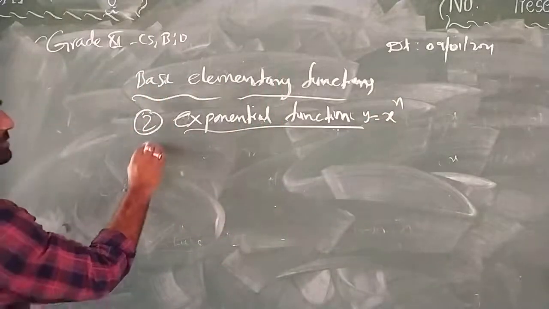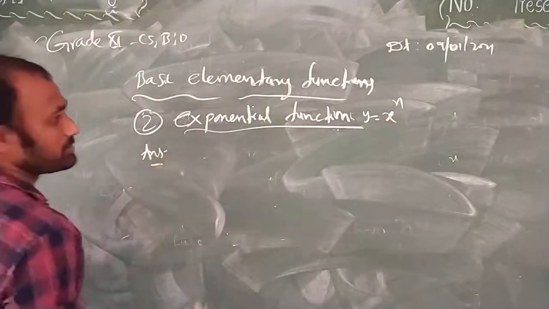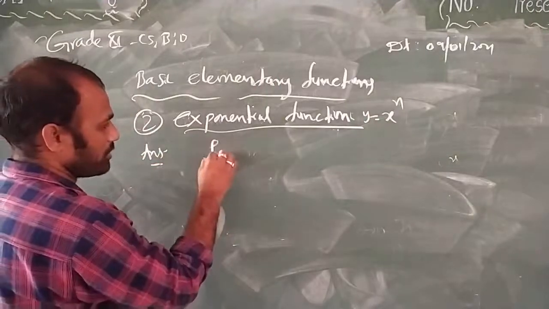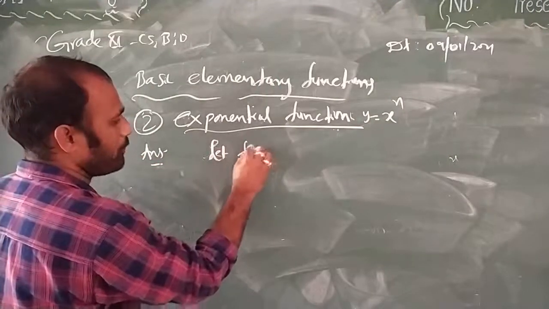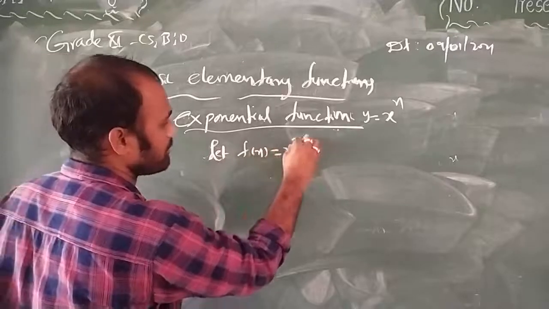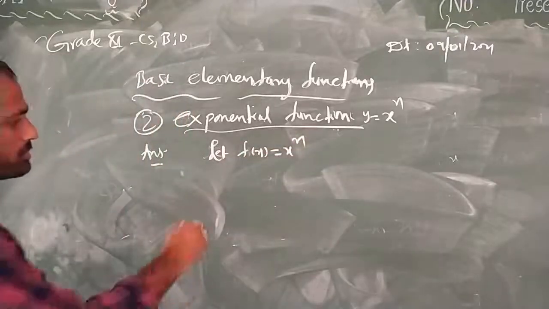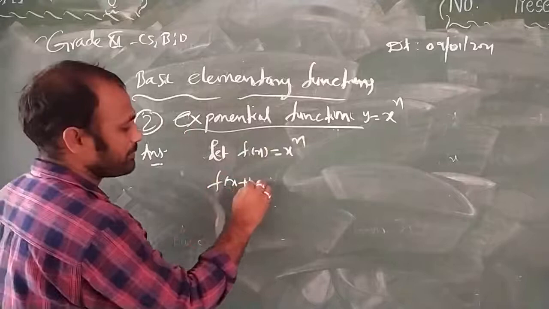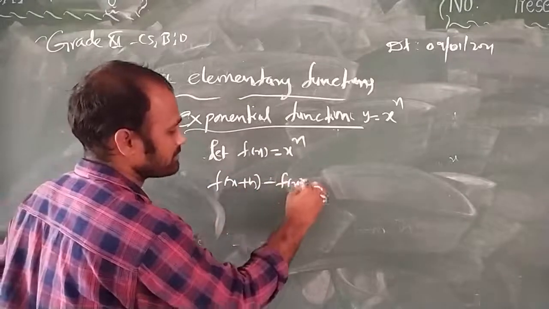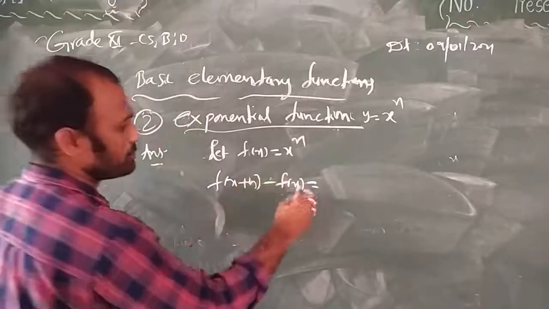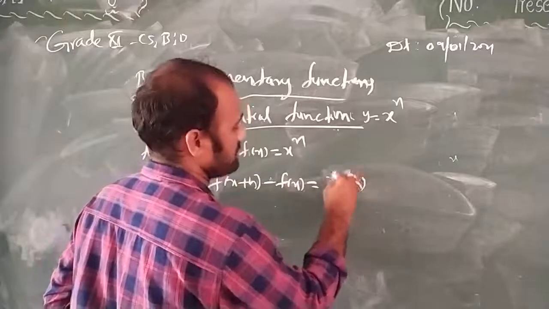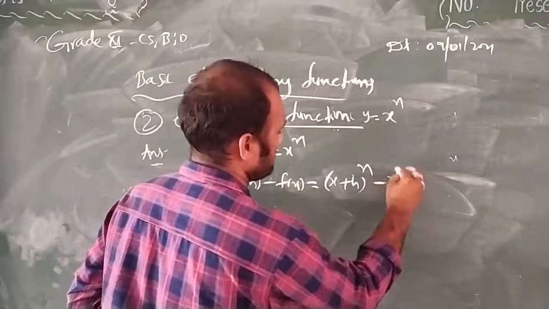So that is the exact function. Let us find the derivative for that by using the first principle. So let f of x is equal to x power n. So we need to find f of x plus h minus f of x. Instead of x, substitute x plus h, that will be x plus h whole power n minus x power n.